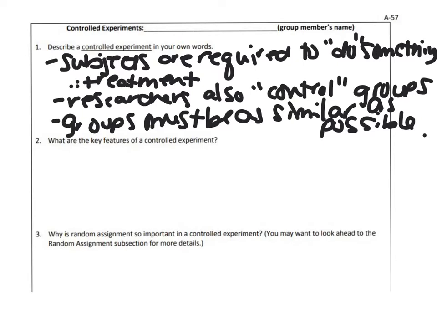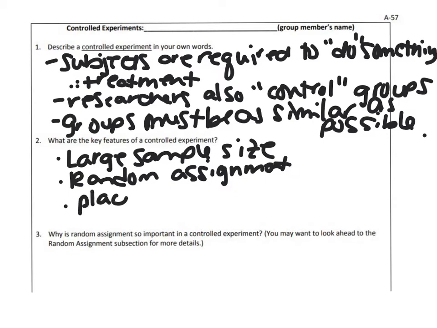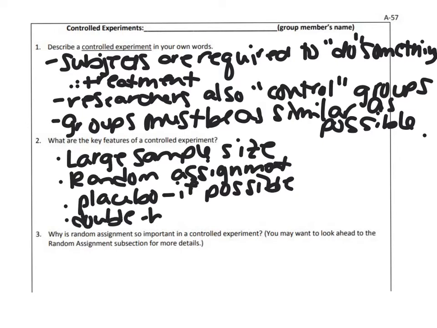Okay, and then what are the key features of a controlled experiment? So you have to have a large sample size. You have to have a random assignment of your subjects into a group. You need to use a placebo if possible. And then also, if you can, use what's called a double-blind experiment.